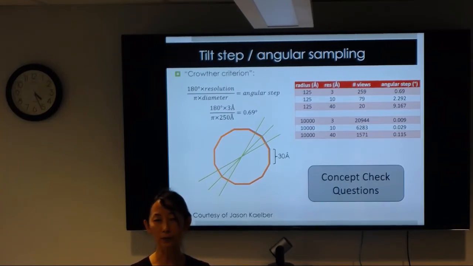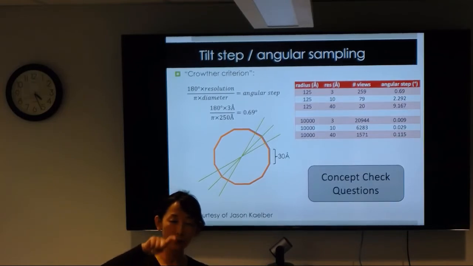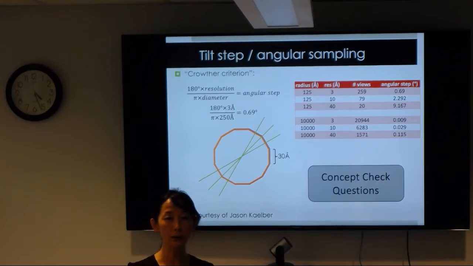Also, you have to think about one more factor. After this, do you want to do subtomogram averaging or not? If you do, maybe you want each image to have better signal so that you can do a very good alignment. You're going to have a very big gap in Fourier space from one image to the next one, which doesn't matter that much because eventually you will be able to fill that gap from different particles.